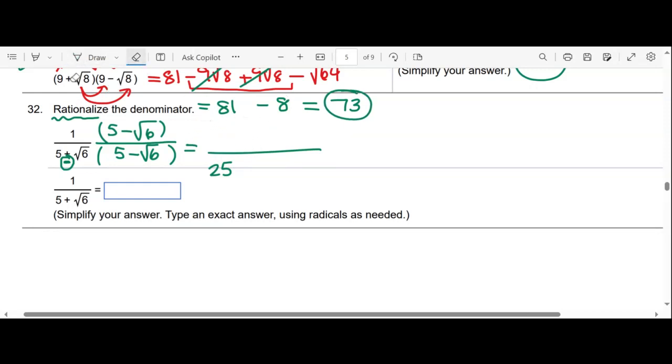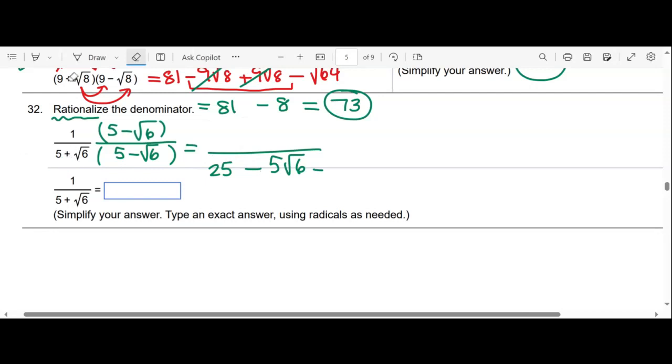I'll just make space for myself, okay? 5 times negative square root of 6, negative 5 square root of 6. Square root of 6 times 5. This is positive, right? No, it's negative.